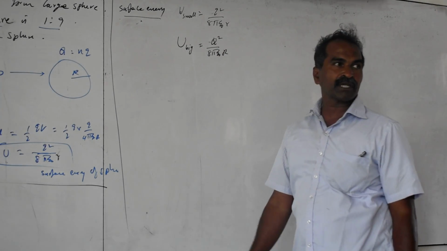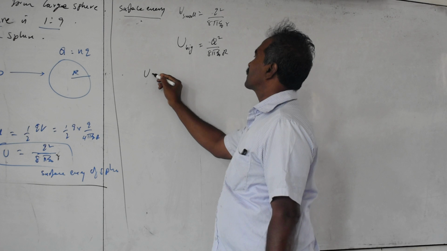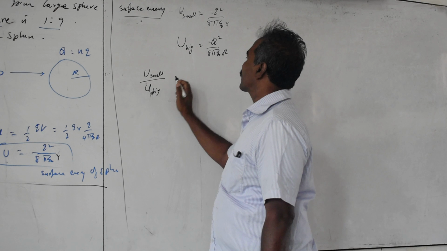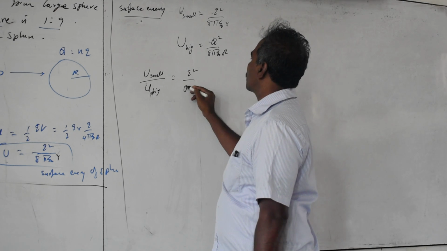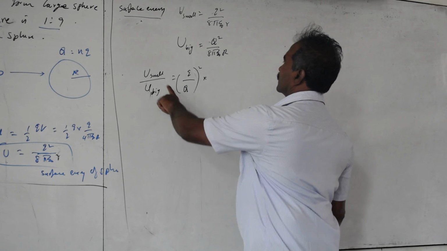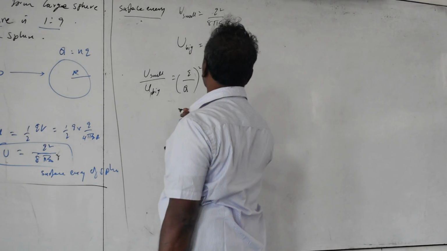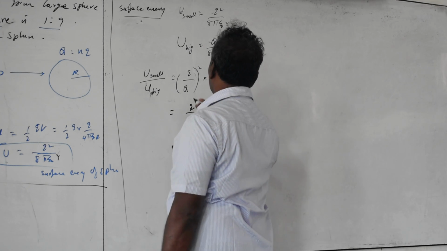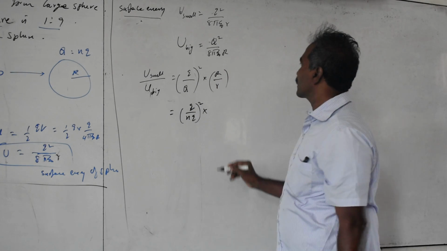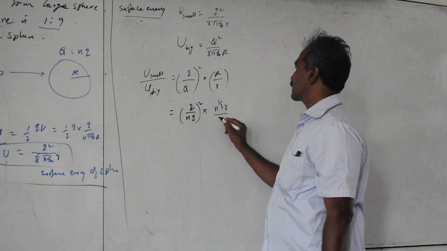Capital R is n to the power 1 by 3 into small r. So U small by U big I want, is equal to q square by Q square into r by R. Q is n q and R is n to the power of 1 by 3 r.